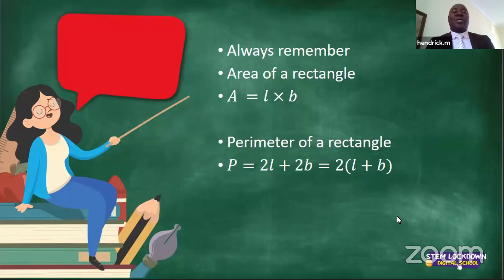That of a square, as we said yesterday, is just 4 sides, 4x. But even in this case, it's still 4 sides, except that we have now introduced the length and breadth, so the terminology is a bit different. Unlike 4s, which is 4 sides, you just use 2l plus 2b.